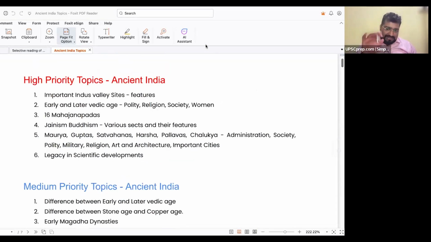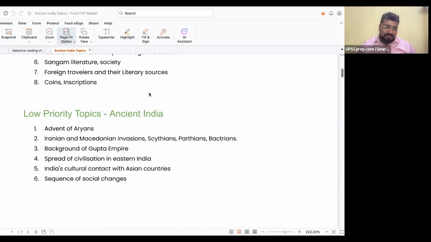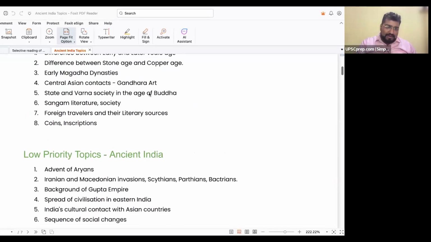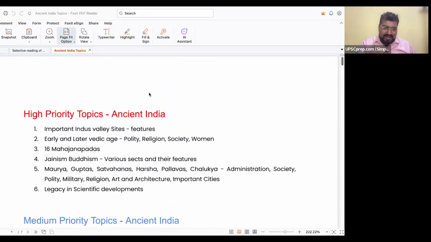Okay. So this PDF which you're seeing right now contains high priority topics, then medium priority topics, and then low priority topics with respect to ancient. Similarly with respect to medieval also. So what should be your aim?